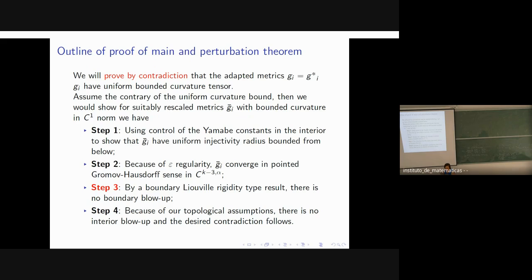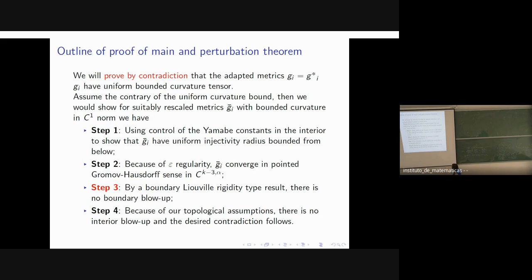For example, if its curvature is not bounded, it begins to blow up, then we rescale it to make it bounded. So that's what I call GI bar. And then the first thing is to notice in this rescaling, we have uniform injectivity radius once its curvature is bounded. And that somehow uses the Yamabe constant control. The Yamabe constant is invariant under scaling.